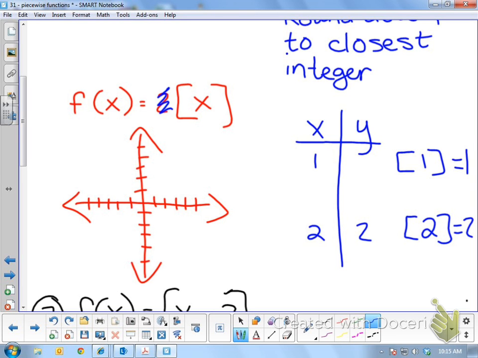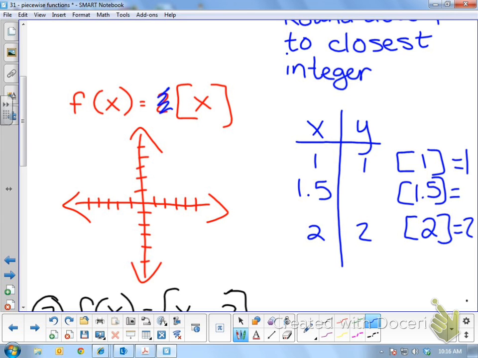We need to also check out something that's not an integer to see how that's going to change. So what's something that's not an integer? 1.5. Got to put the 1 there. Okay. What should we round 1.5? 1.